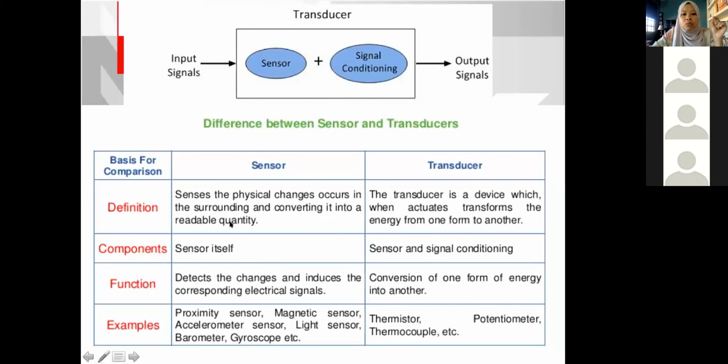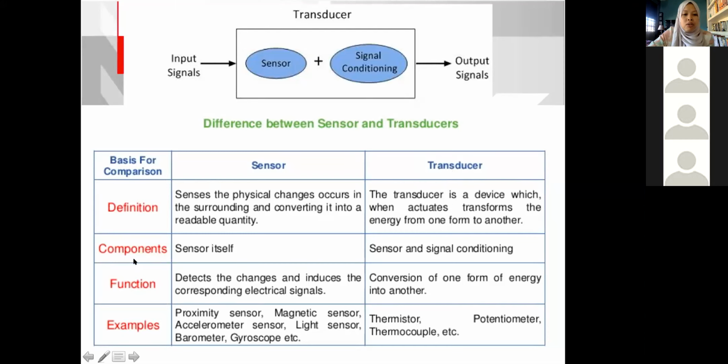It converts the signal into a quantity that can be read and measured. What we have mostly learned all this while with sensors is that we detect the changes of resistance and convert them into electrical measurement. But it is not necessarily that we convert energy. But when the transformation involves energy from one form to another, then we call it a transducer.